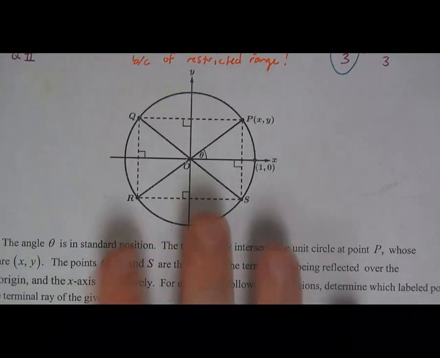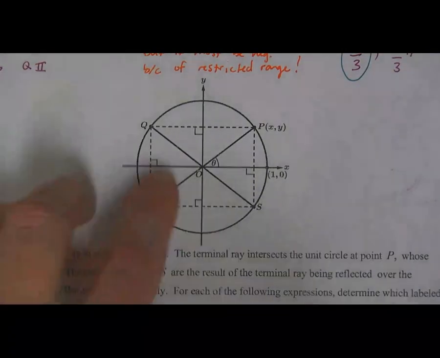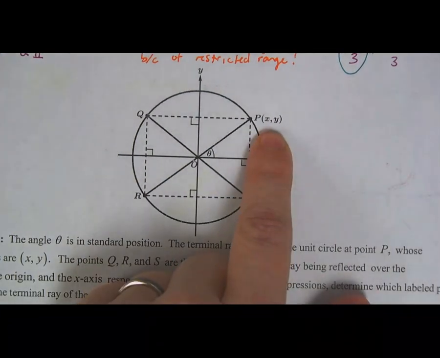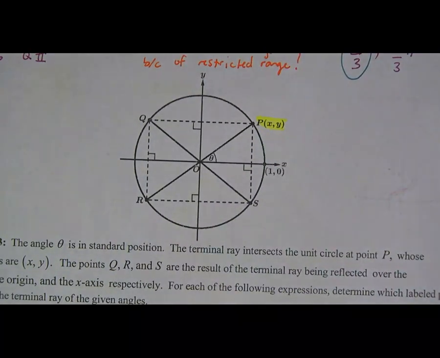Now you will see one of these on your test. I promise, because I wrote the test, right? So you're going to see one of these on your test, and it's got an ordered pair labeled right here at point P. And the way they label point P is positive x, positive y.